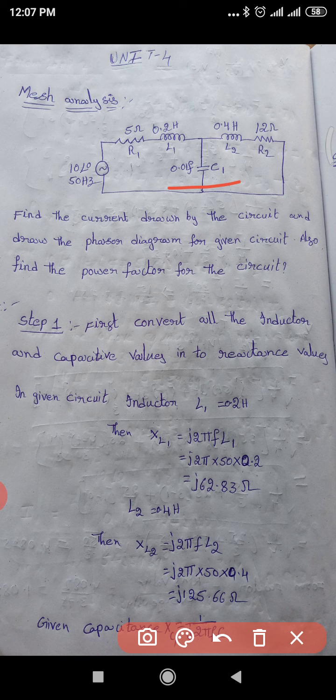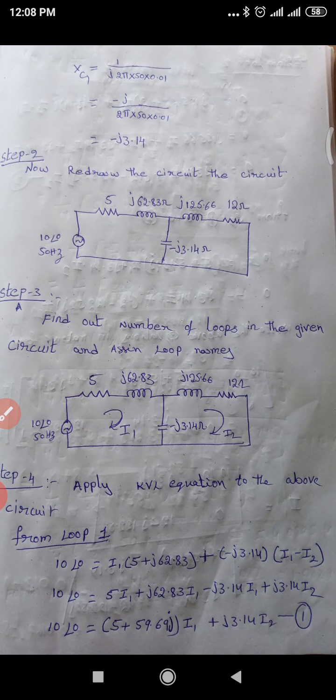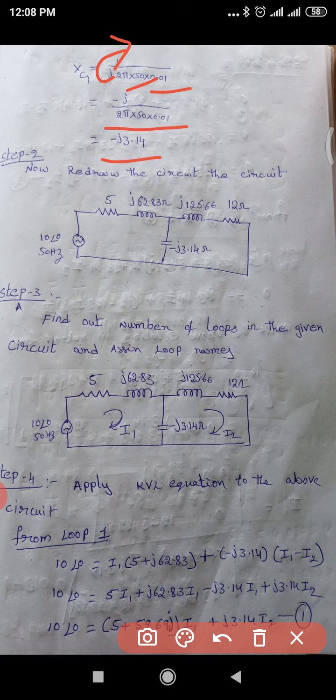Now capacitance C. Capacitance C is given as 0.01 farads. This is the formula for conversion of capacitance: X is equal to 1 by 2 pi FC. Now substitute all these values: C is equal to 0.01 farads and F is 50. Here j becomes minus j, and substituting and calculating, we get minus j3.14 ohms.